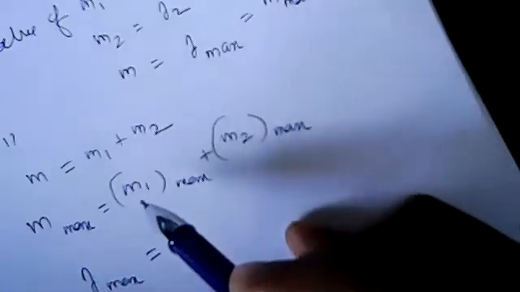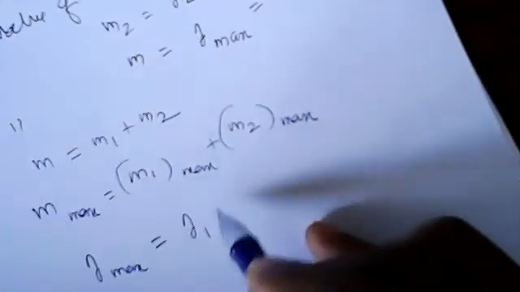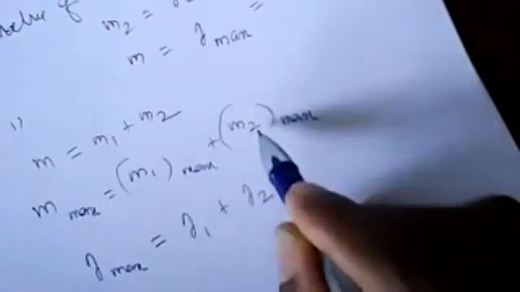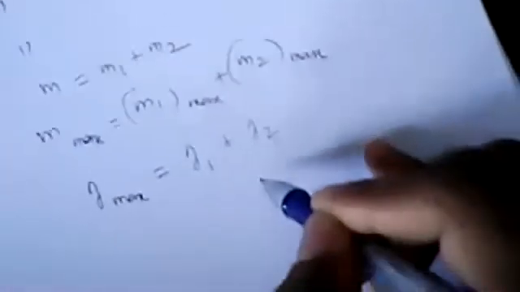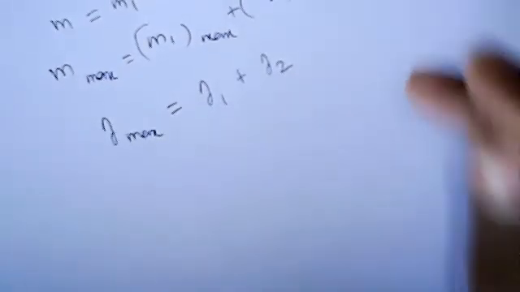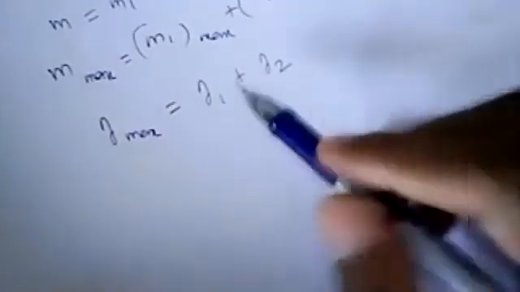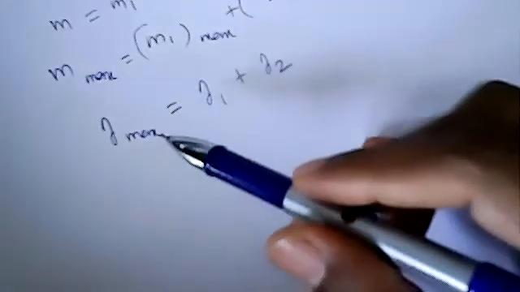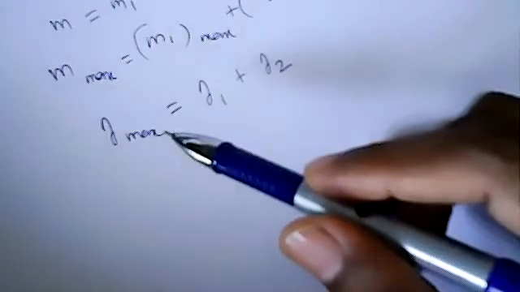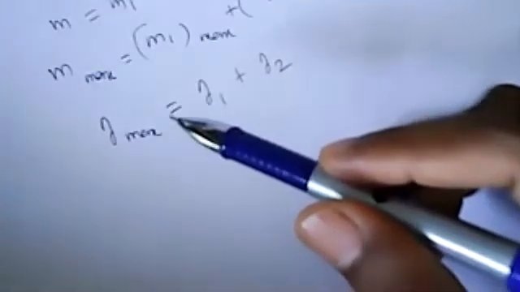What is M1 max? M1 max is J1, plus M2 max, J2. So J max is J1 plus J2. That is the first idea. You simply add J1 and J2, you will get J max. That is what we told in the example also.